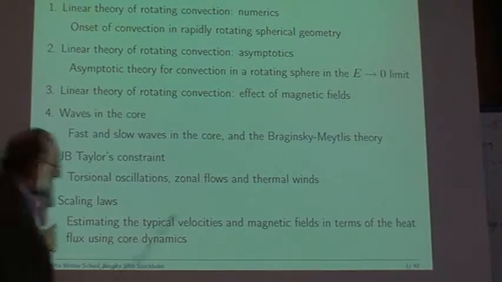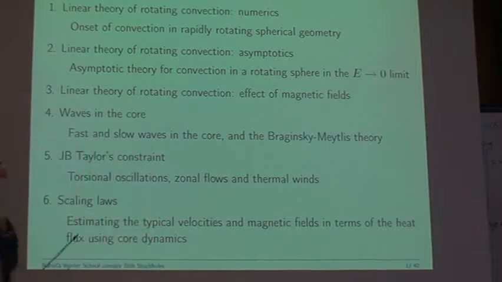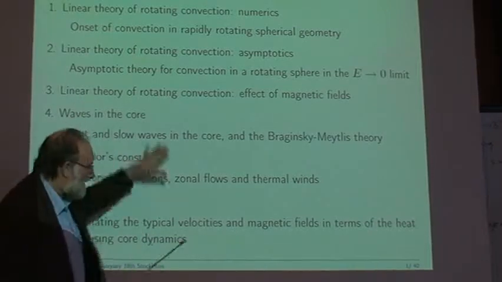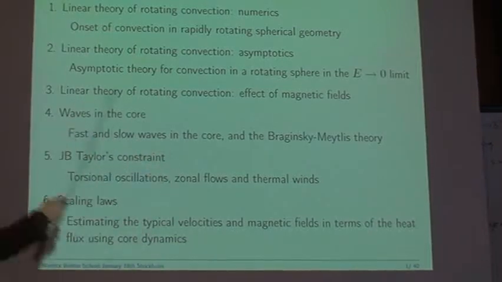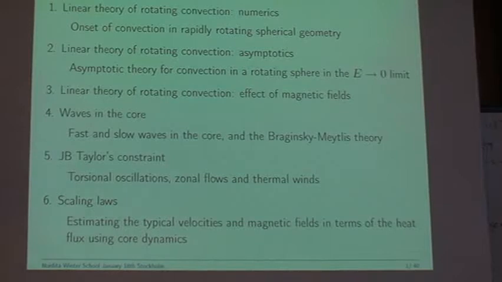Can we find estimates of typical velocities and magnetic fields following on from the theoretical understanding that we've developed using simulations and the asymptotic theories?